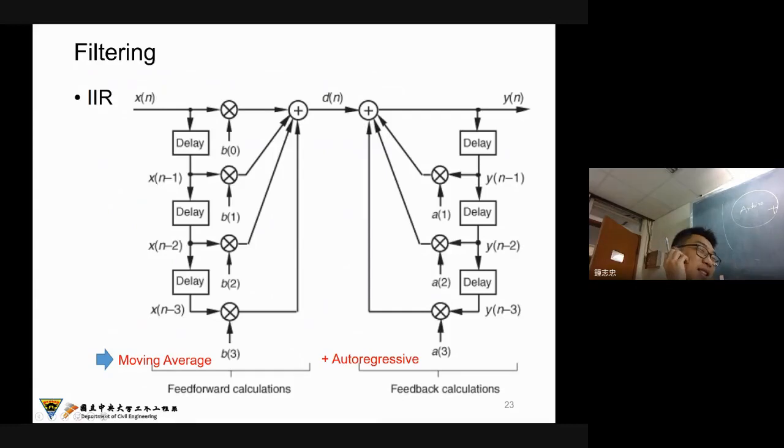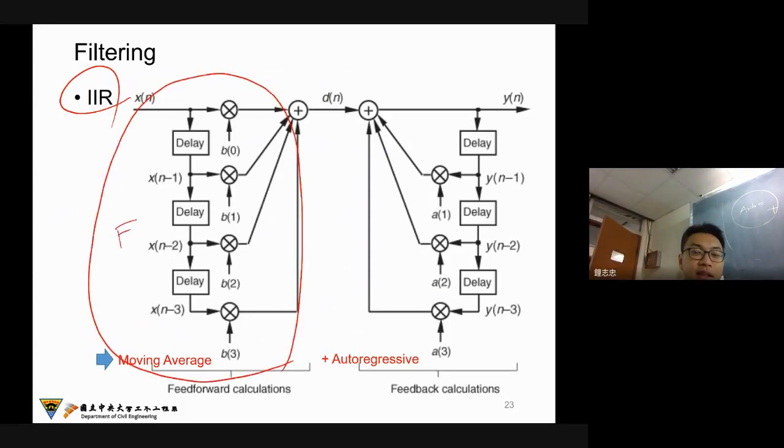But what is the IIR? Much more complex. Okay, you need to do the moving average first. It means that this is FIR first, and then you get YN. However, you need to use the autoregressive part to consider YN minus 1, minus 2, minus 3.